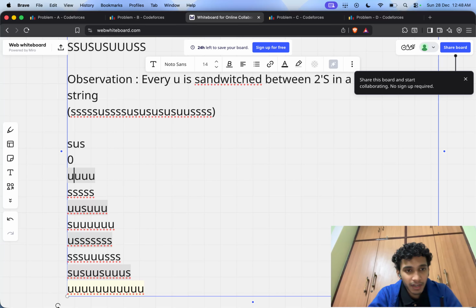Why? Because if we had not replaced this particular U, we had replaced this U, then to the left of this U there is no S. So the condition is still not satisfied.